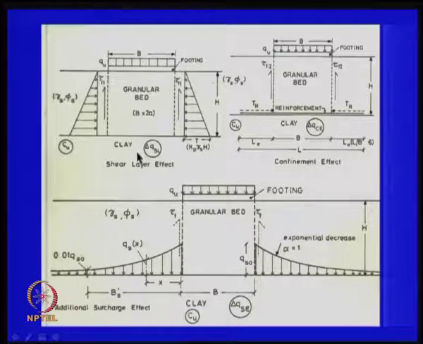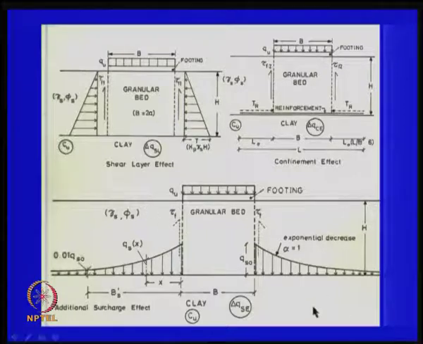In fact, we say that delta Q S L is the improved bearing capacity due to the shear layer effect. There are 3 deltas coming up here, and the other important thing is the additional surcharge effect. Actually, it also has a surcharge effect because it acts as a surcharge.